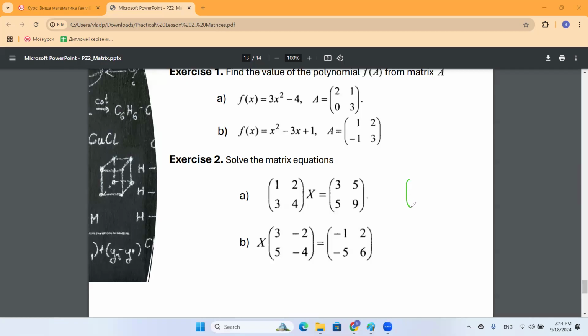So how will it look like? Multiply by this initial matrix, 3, 5, 8, 9, so it will be eliminated. It equals E. So we will have the next.